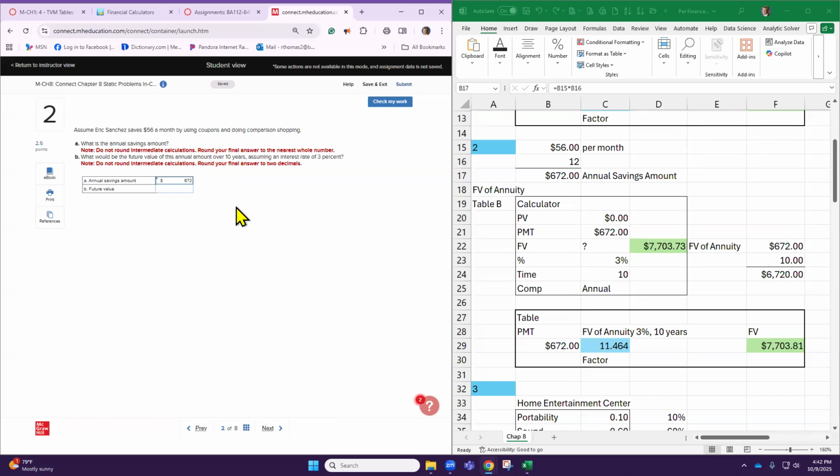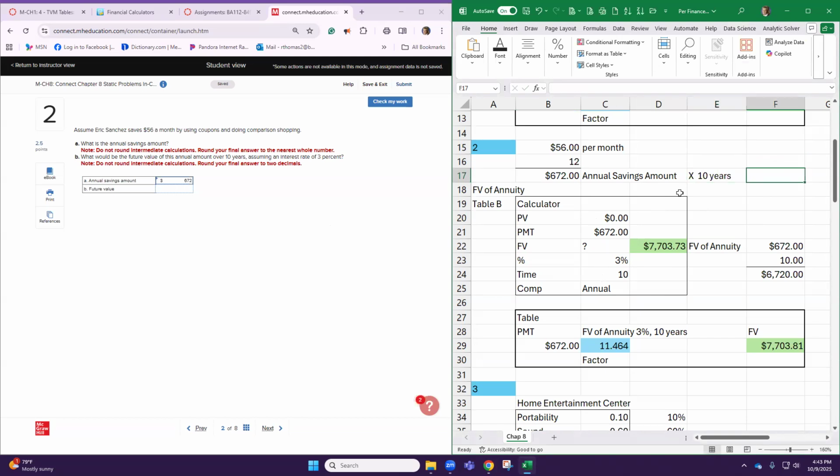And then what if you sock that away in an account that pays 3% and you keep doing that year after year? What will it become? You can take the amount of 672, which is the savings, and you could take it times 10 years.